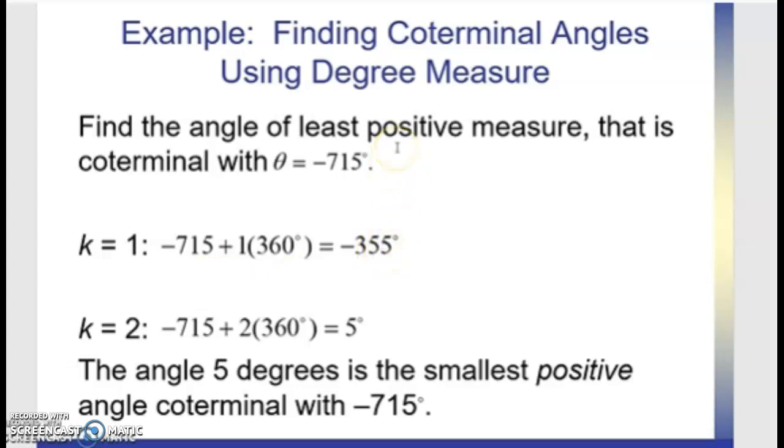We have not arrived at a positive measure. However, if we add 360 degrees twice to negative 715 degrees, we are in the positive, and we have the least positive measure that is coterminal with negative 715 degrees.